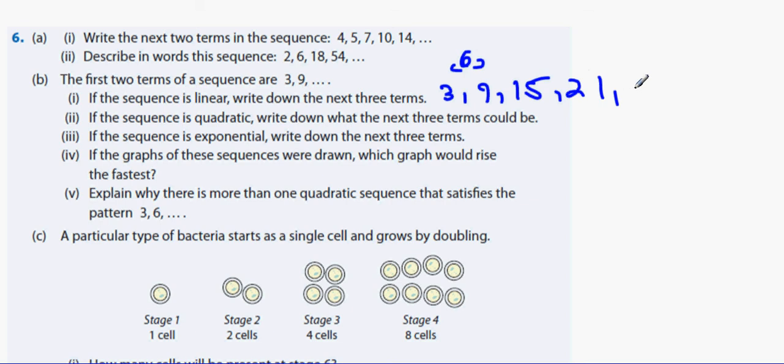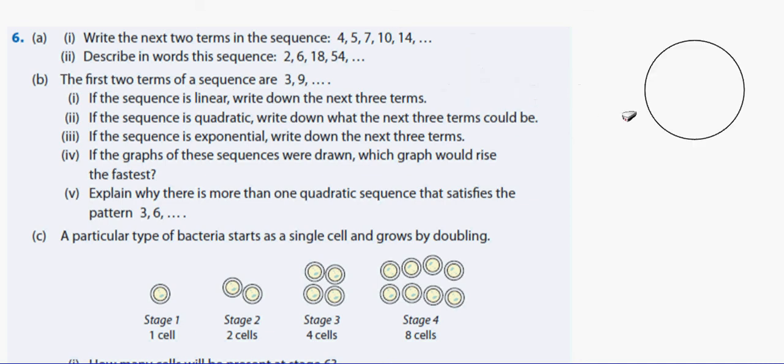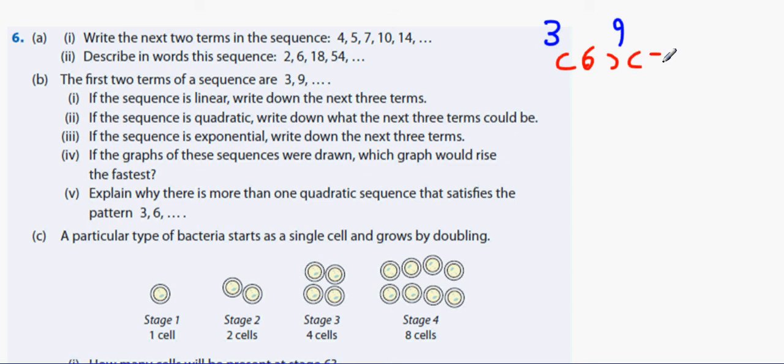If the sequence is quadratic, write down what the next 3 terms could be. Well, if it's quadratic, what happens is 3 to 9 has a gap of 6. And then if we were to say that the next gap is 7, and the gap after that is 8, and the gap after that is 9.